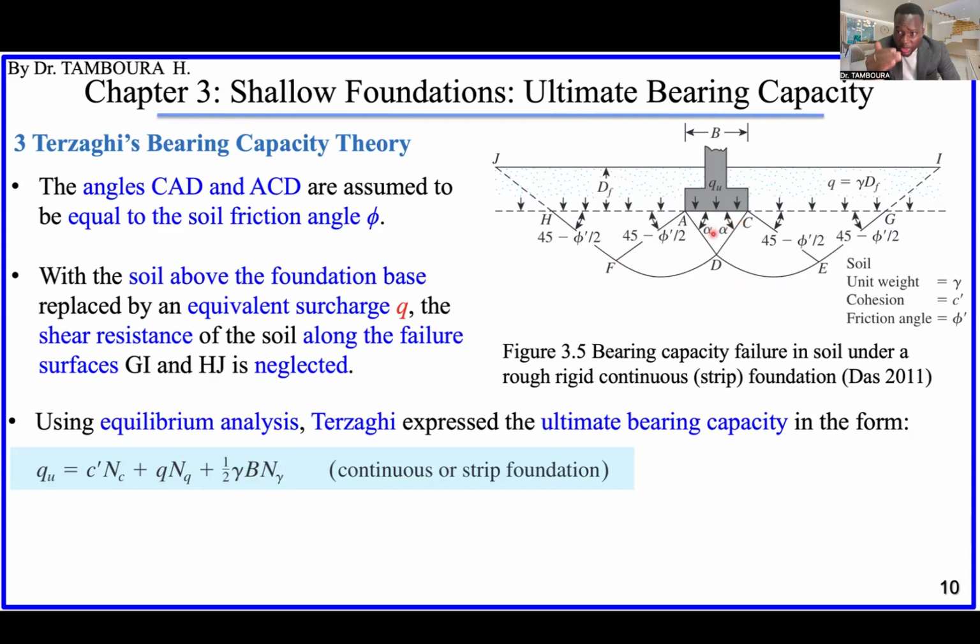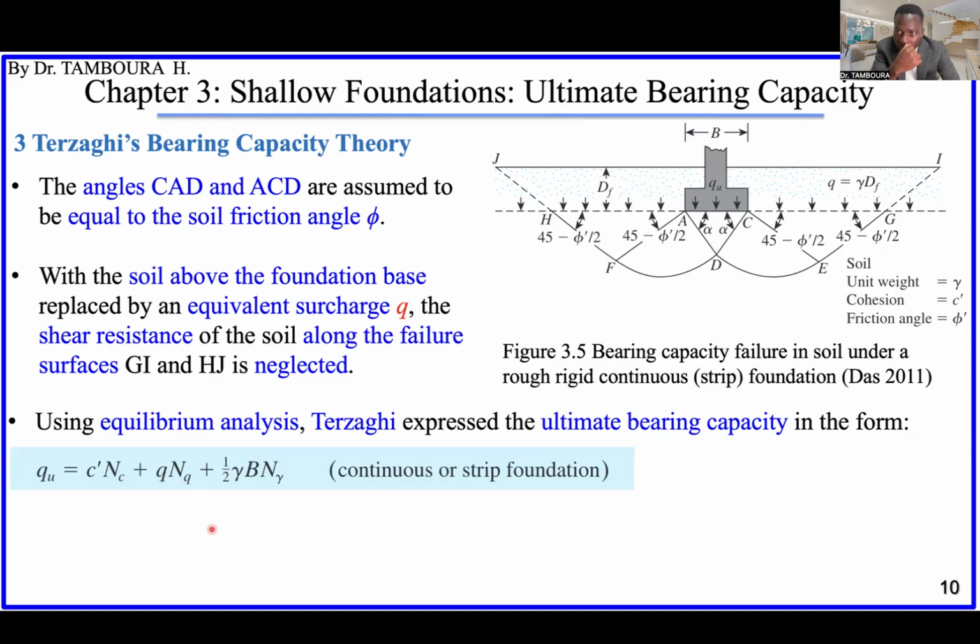The soil beneath the foundation this time. Okay? So we have here three parts: contribution of the cohesion, contribution of the surcharge, contribution of the unit weight.